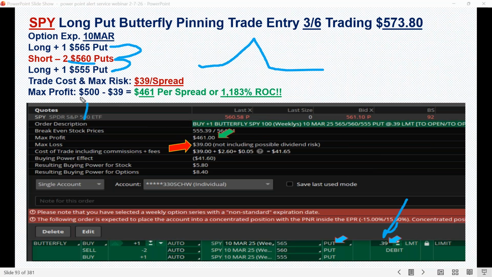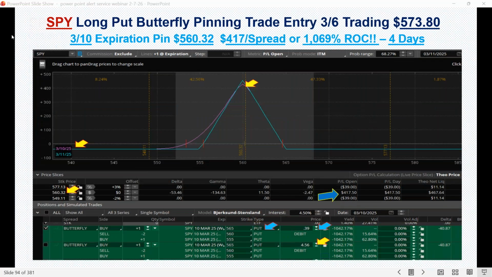Spread risk $5 wide or 500. Potential profit $461 if you got the pin perfect, over 1,183%. And pretty good. We got pretty close to it right there. So this is where it went out. Went from 39 bucks up to 456. So this was up $417 per spread. 1,069% return on that, based on that option pinning play.